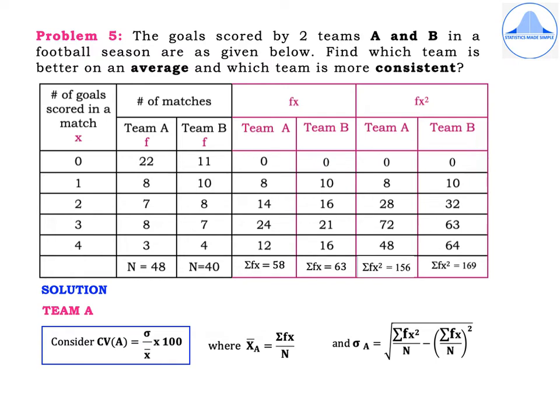Next, calculate fx square. Remember that fx square is obtained by multiplying the fx values with the corresponding x values. But here please be careful in the calculations. So for team A, the values are 0, 8, 28, 72 and 48, and you get summation fx square as 156. For team B, the values are 0, 10, 32, 63 and 64, and summation fx square is equal to 169.